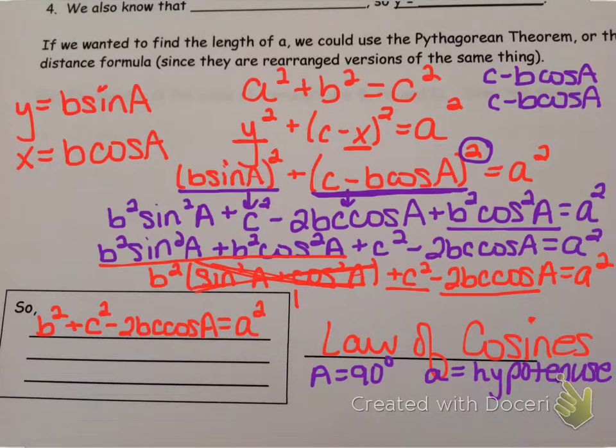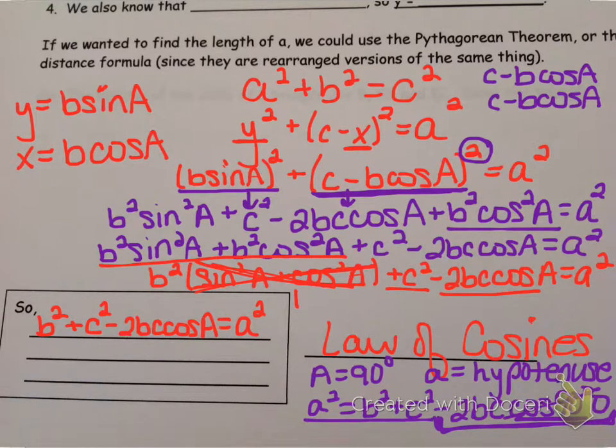And so if I tried to use this formula, it would say a squared is equal to b squared plus c squared minus 2bc cosine of 90 degrees. And what is cosine of 90 degrees? Cosine of 90 degrees is 0. And so this whole part of the formula would just vanish. And that's what I think is so cool, is that this actually is the Pythagorean theorem. It's just that when the angle right here is 90 degrees, this whole big messy part at the end of it disappears. And it just becomes the version that you guys know and have known forever.